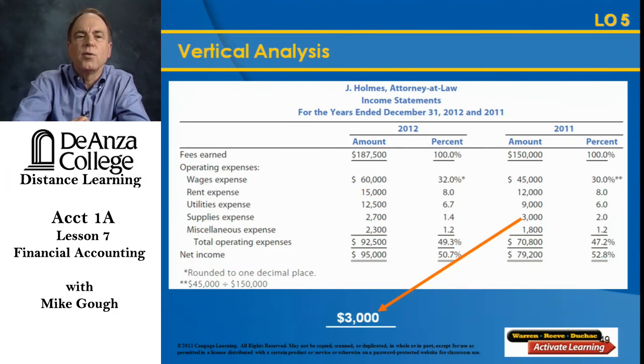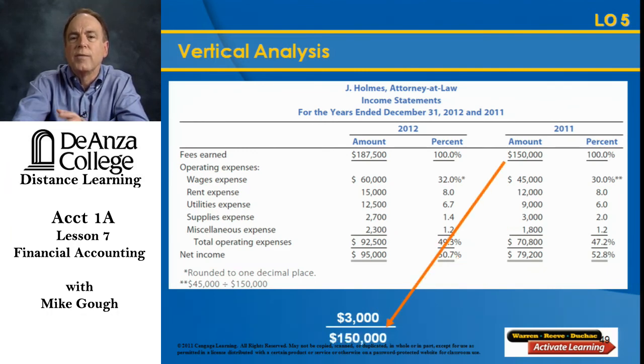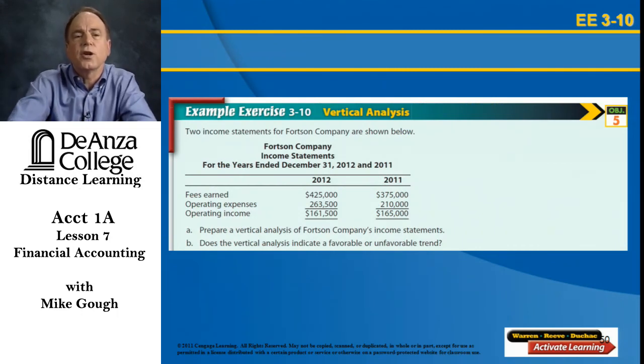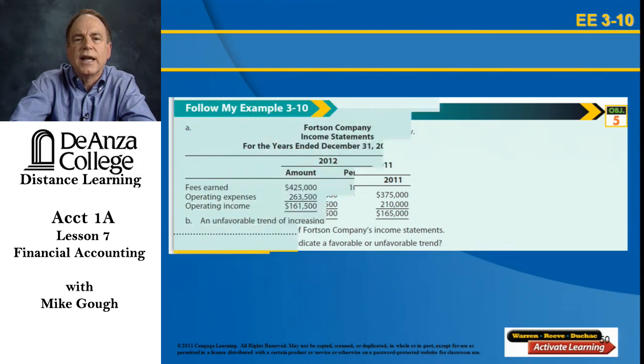Here we see an example where supply expense has gone from $3,000 to $2,700, and as a percent, it's gone from 2% to 1.4%. So the idea is that we're in a better space in terms of using our supplies. Okay, so let's do vertical analysis here for Forst & Company, to take a look and see how we're doing.